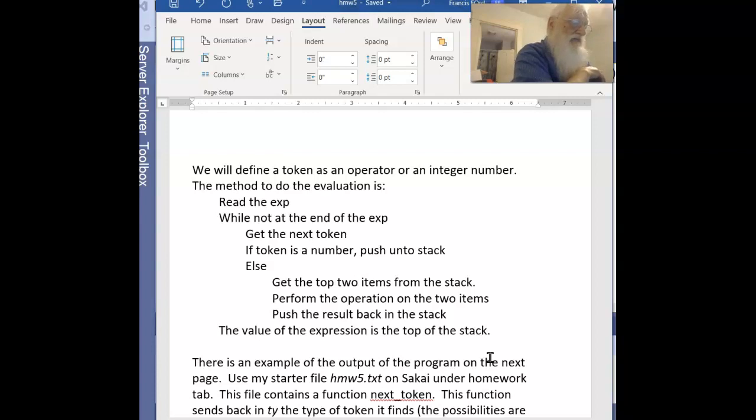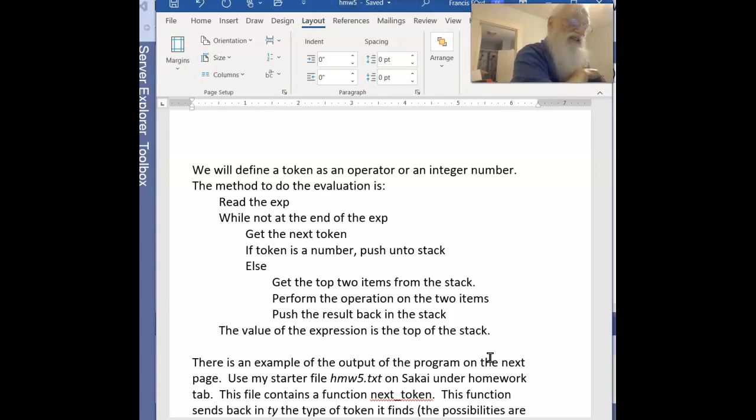So here's the method. Read the expression. While you're not at the end of the expression, get the next token. If the token is a number, push it onto the stack. Else, it's not a number, so it must be an operator, because it's not the end. We're in a while that prevents us from having the end as the token.